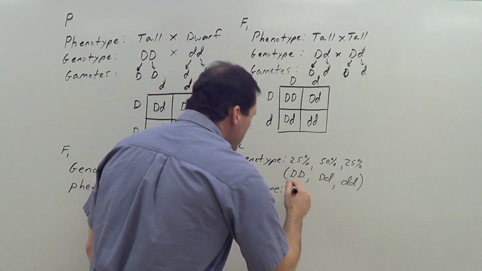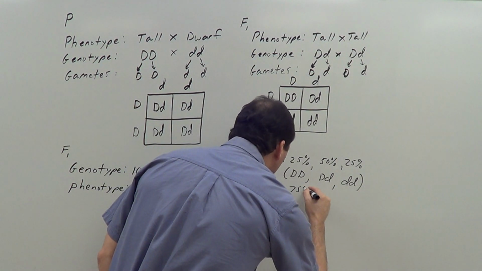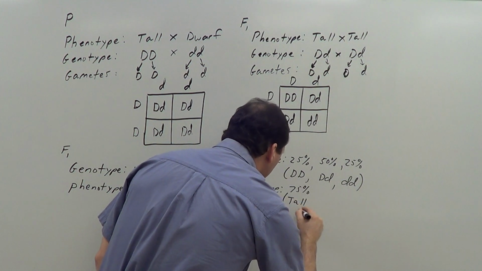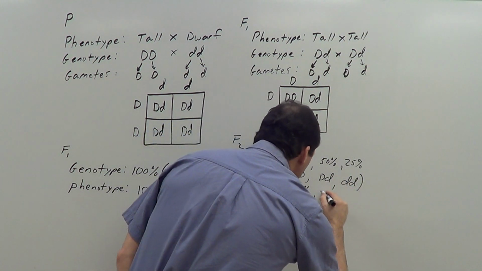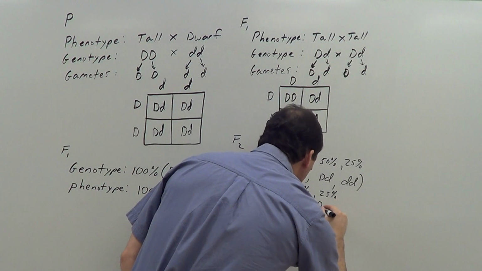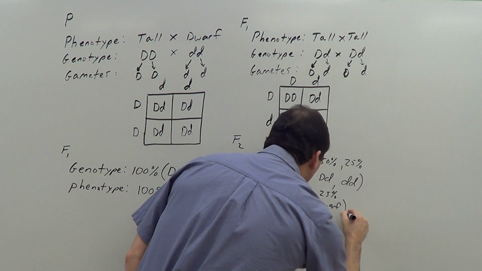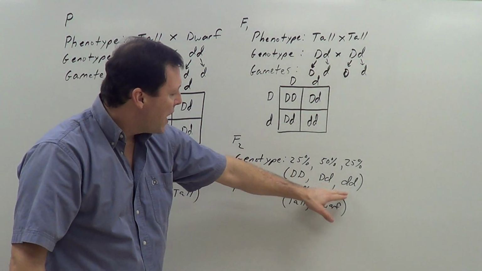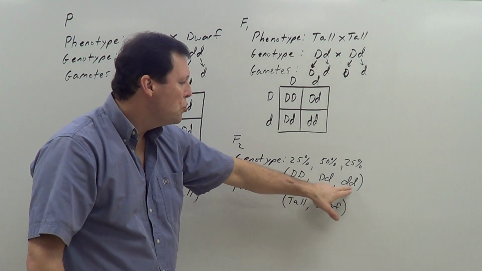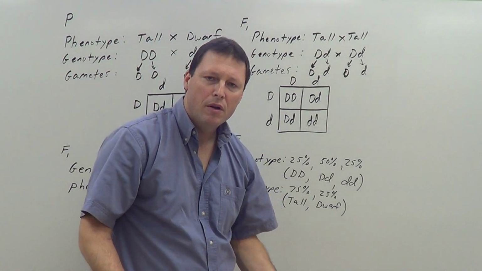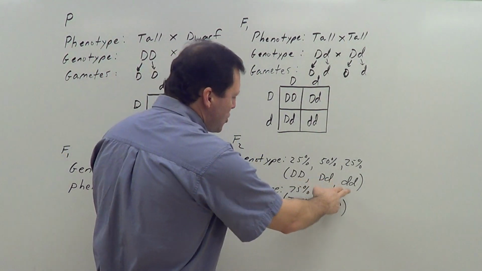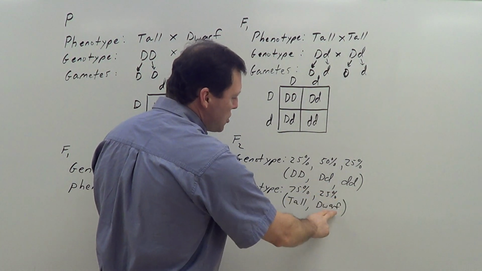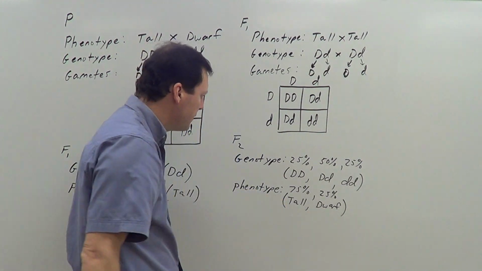So it turns out that 75% of my pea plants would be expected to be tall. And 25% would be expected to be dwarf. Now again, in order to have a dwarf pea plant, I have to have two recessive genes, because if I so much as have one dominant gene, it's going to mask the effect. So it takes two recessive genes to get a recessive phenotype here, a dwarf.